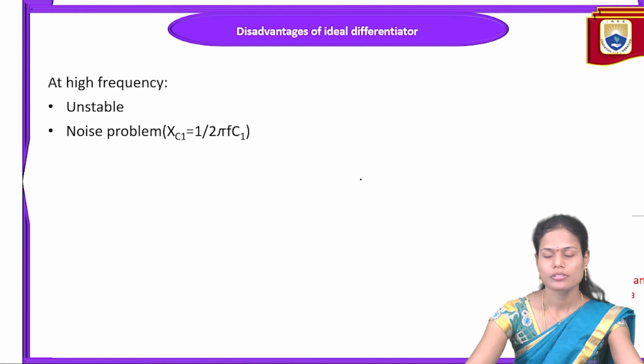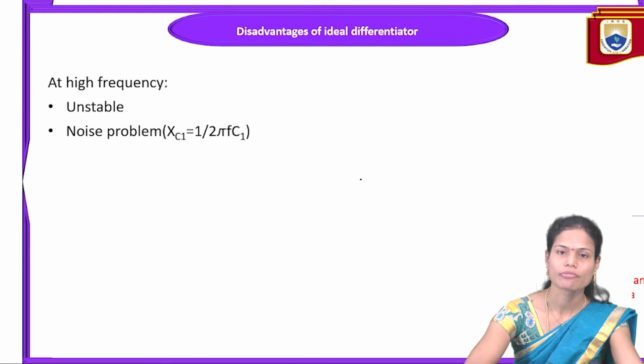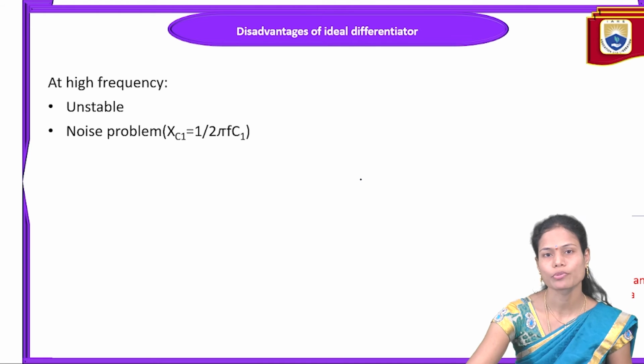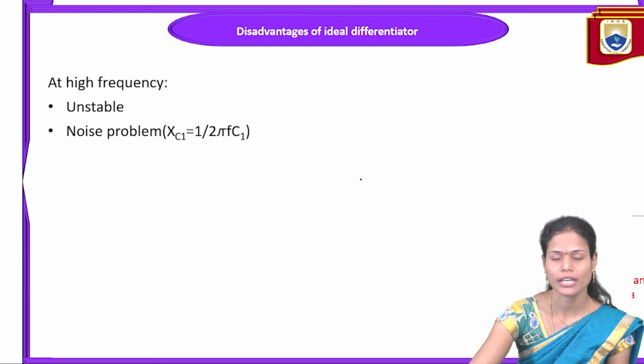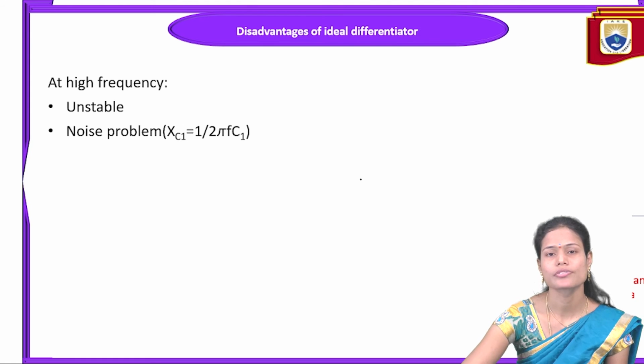Okay. So this ideal differentiator is performing the differentiation operation and it is providing the output for various input signals. That is well and good. But this ideal differentiator is facing some problems. That is, when you increase the frequency to a high extent, that is at high frequencies, the differentiator becomes unstable and the signal breaks into oscillations.